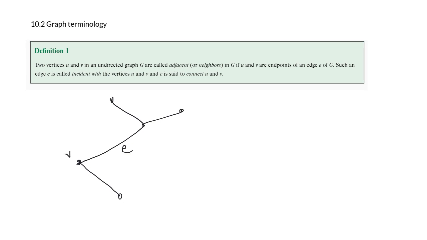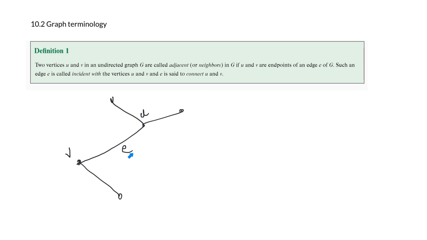So here is an edge, V and U. And you should note that adjacency relation and incidence relation, as it will be defined here also later, apply to different objects of different types. Two vertices are adjacent when they are endpoints of an edge, and in that case, it's also called neighbors.